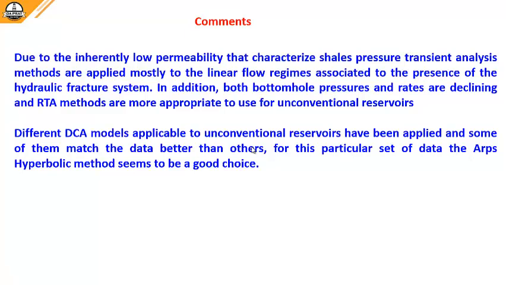Now, if you think about extrapolation, then it's another matter. It's good to compare with what we did before using the rate transient analysis, using both pressure and rates, compared to the decline curve method.